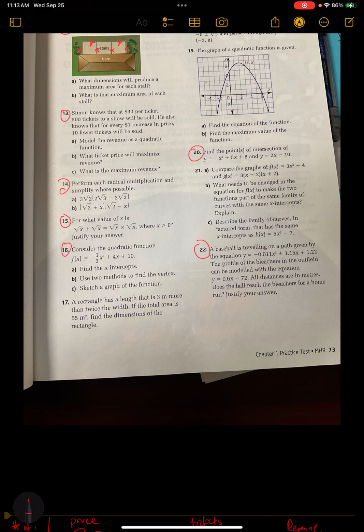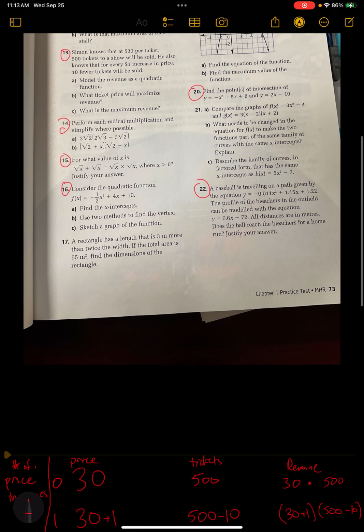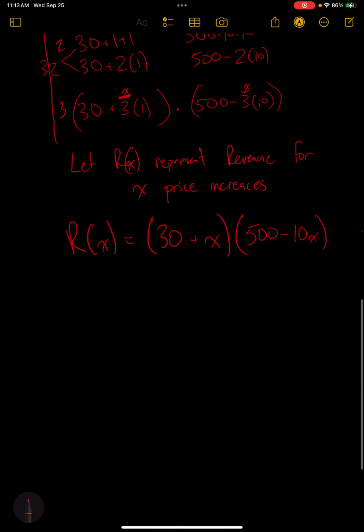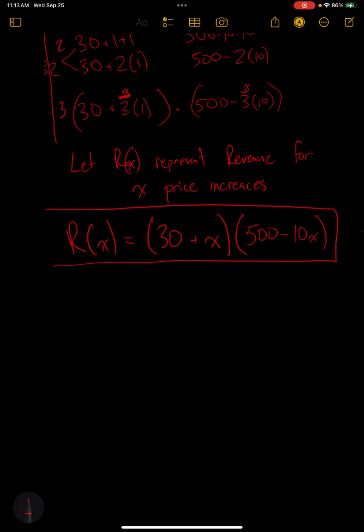So that's part A, model the revenue as a quadratic function. Now, what ticket price will maximize revenue? Well, you have to recognize that this is a quadratic equation. It's going to look something like this, and the midpoint is where the maximum is.